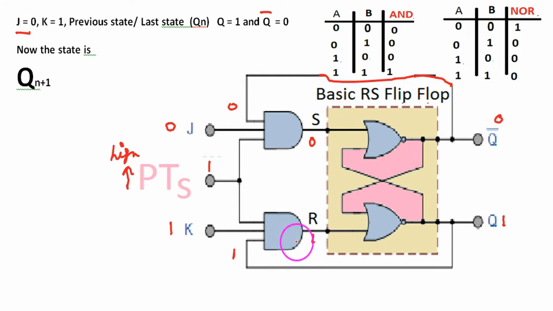So what happened? The 0 comes here, this is 1. Okay, 0, 1 through the NOR gate is what? 0. So 1, 0 comes here, 0, 0 is 1, 1 comes here. So 1 comes here again, 1, 1 is 0. So this is 1, this is 0.